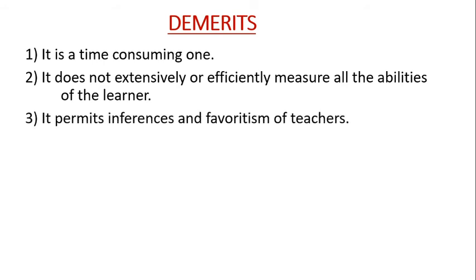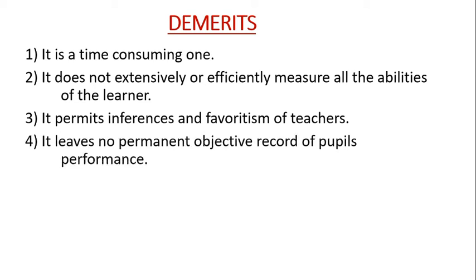It permits inferences and favoritism of the teacher. Yes, it is somewhat subjective in nature. If the student is a favorite of the teacher, he may say okay, correct, like that. So it is somewhat favoritism of the teacher. And it leaves no permanent objective record of a pupil's performance.